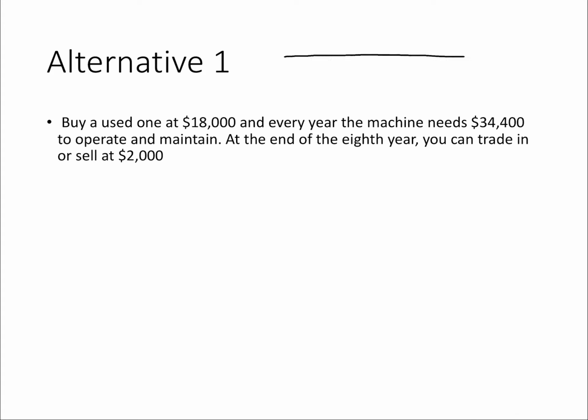It's 8 years, so starting from 0, 1, 2, 3, 4, 5, 6, 7, 8. At the beginning, you want to pay for the price. So that's a cash flow happening at time 0. And it is a going-out cash flow, so it's an arrow going downward.